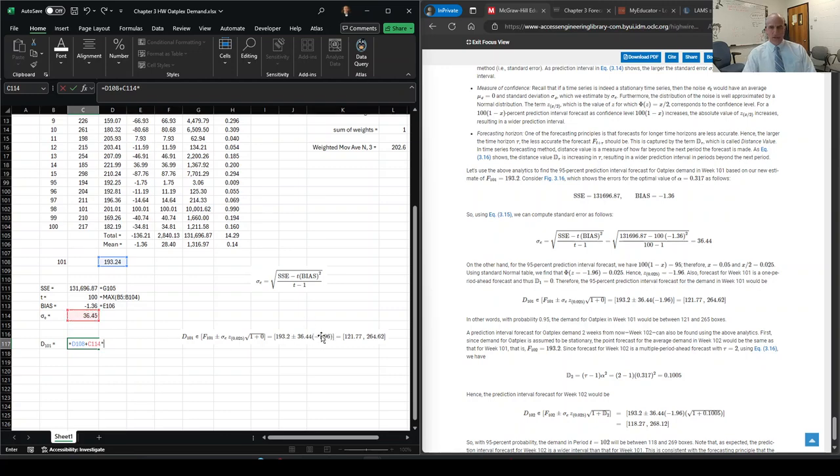Times, and here's where we're going to use some Excel magic, should I say, to help us calculate that negative 1.96. This goes back to the 0.025. Let me see if I can describe this conceptually. If we want a 95% prediction interval, 1 minus that 95 divided by 100 is going to be 0.05.